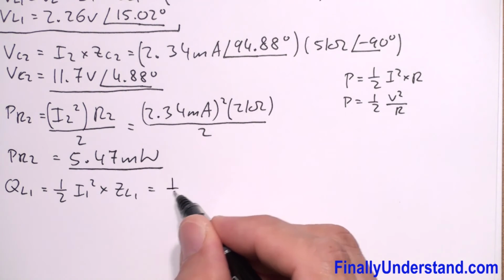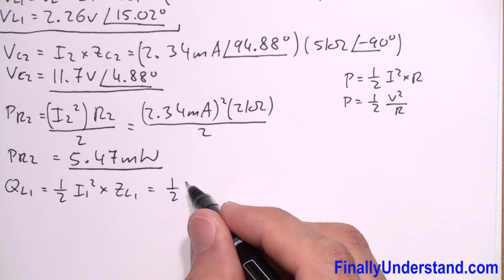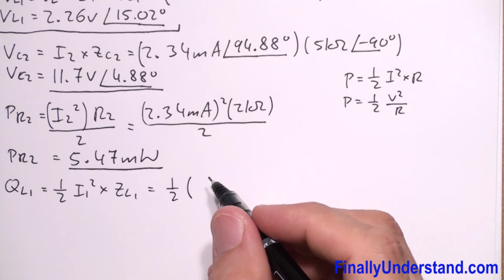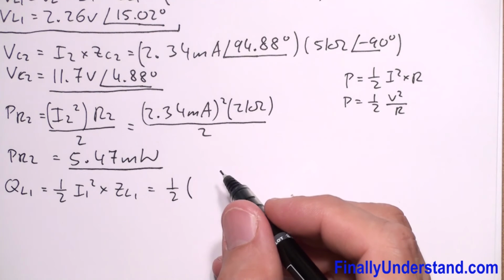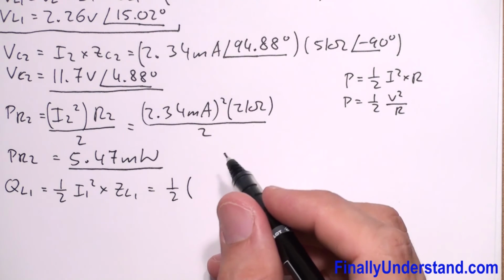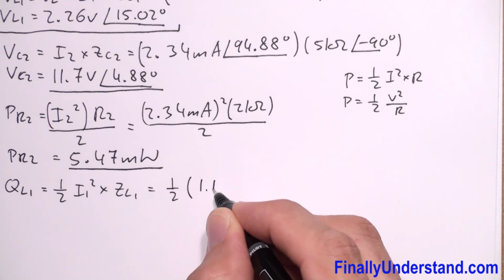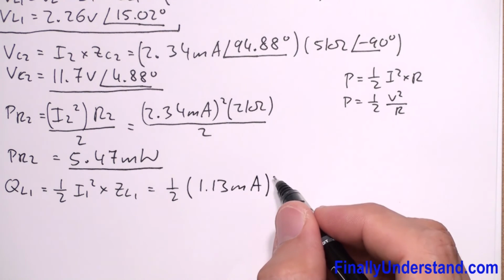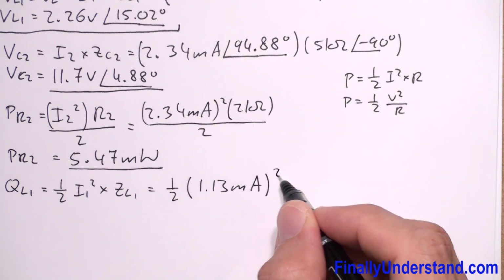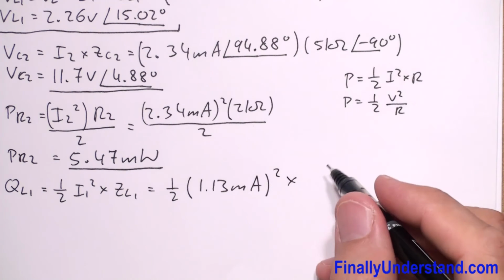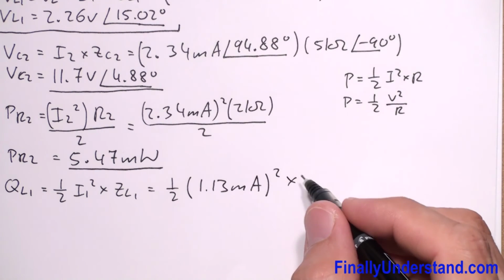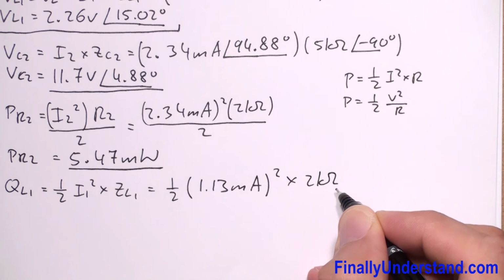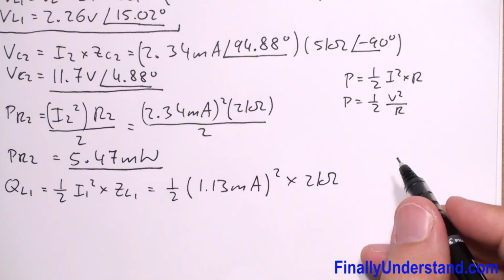So I have 1/2 times I1, and we found that I1 is equal 1.13 milliamps to the second power times ZL1, and ZL1 is equal to 2 kiloohms.